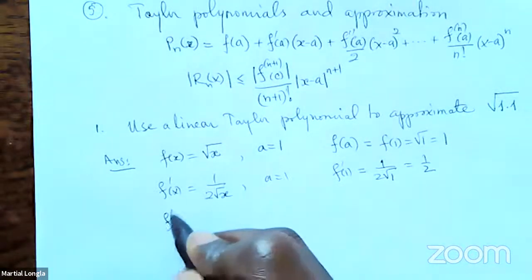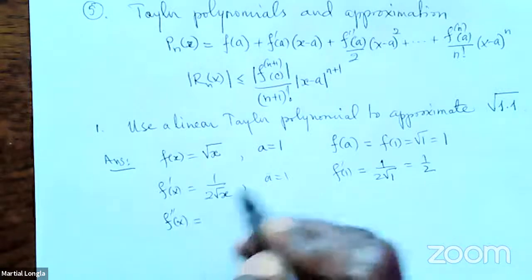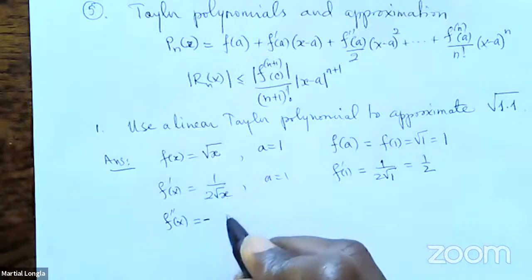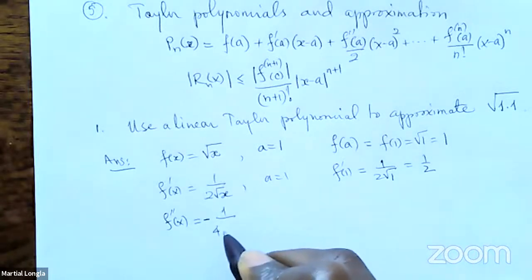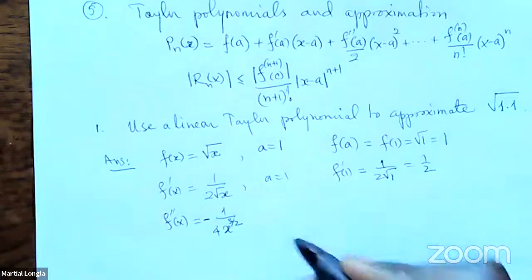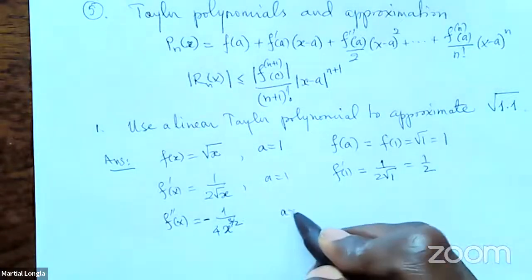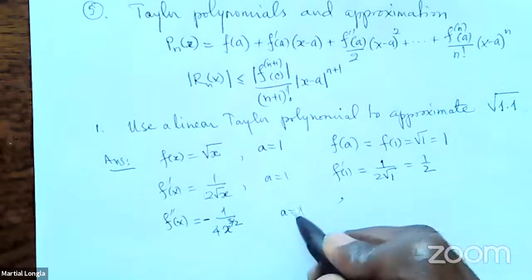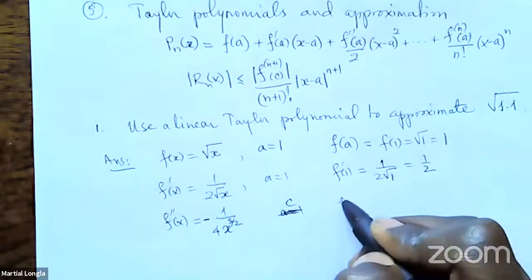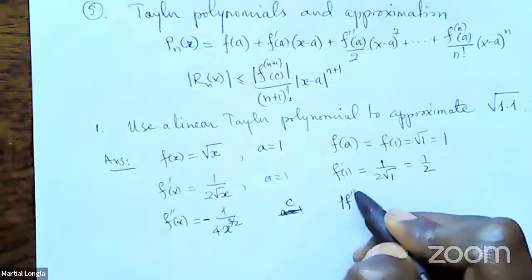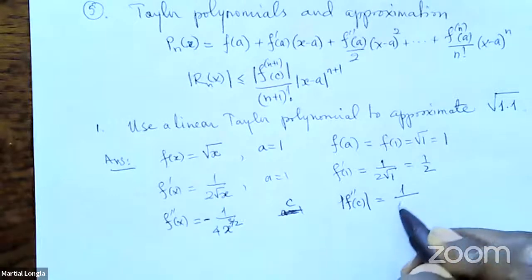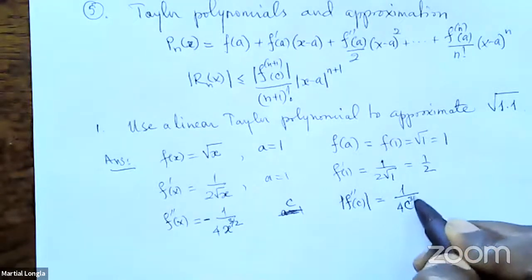And then the second derivative is going to be minus 1 over 4 x to the power 3/2. We use c here, so the absolute value of f double prime of c is 1 over 4 c to the power 3/2.